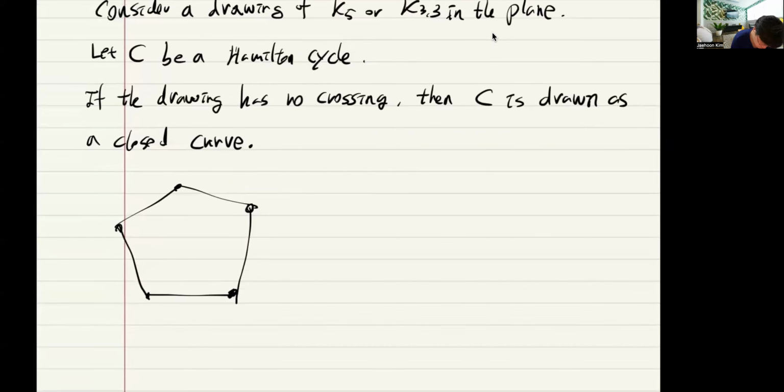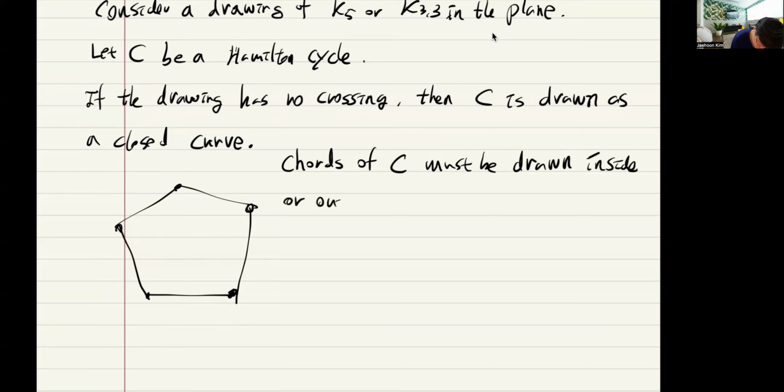Then what? You have 5 chords in this K5. And we also have to draw these chords. The chords of C must be drawn either inside or outside of this curve. Inside or outside. Inside or outside.